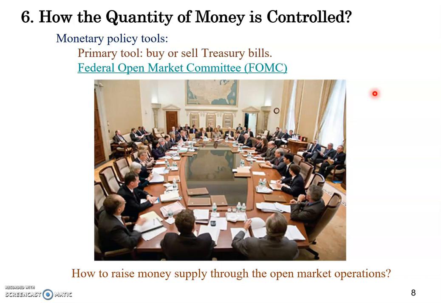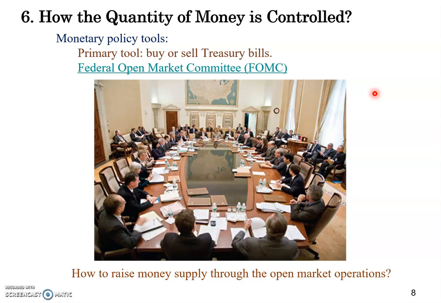Okay. Now, vice versa, if the Fed wants to reduce the money supply, it should sell the assets. Sell the Treasury bonds or bills it purchased before. Okay, so by selling these bonds, for example, you and me as household investors or commercial banks, if they purchase the bonds, then they have to use their own money to make the payment, right, to the Federal Reserve.